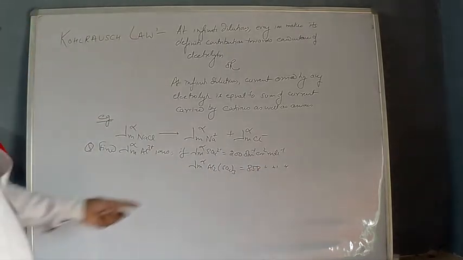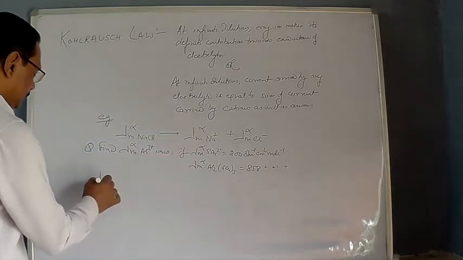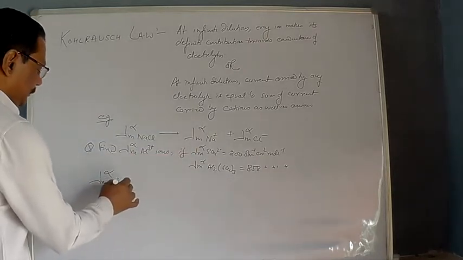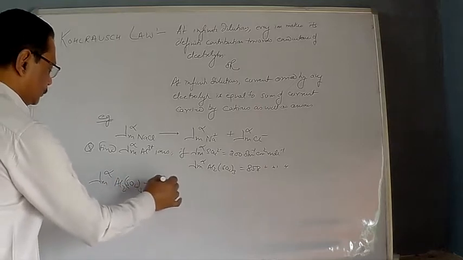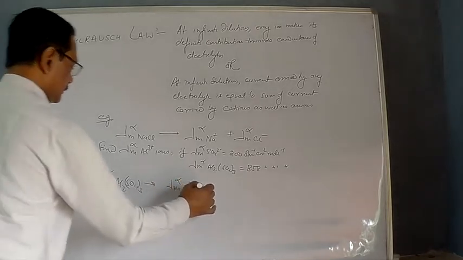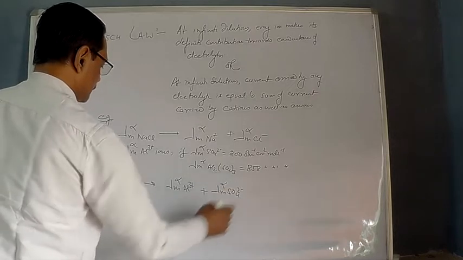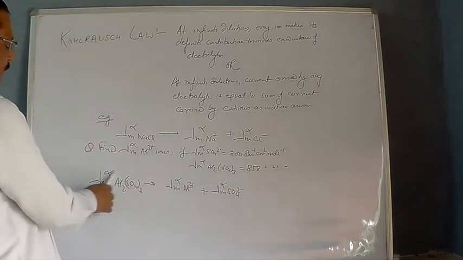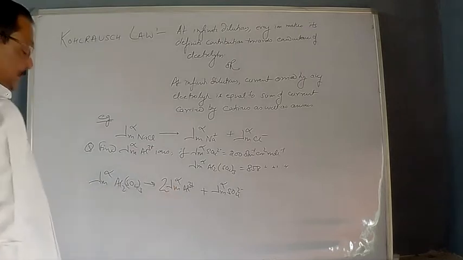So class, first we'll take aluminum sulfate, Al2(SO4)3, and break it like this. Lambda m infinity of Al2(SO4)3 can be shown as lambda m infinity of aluminum ion plus lambda m infinity of sulfate ions. But class, remember how many aluminum ions are there? 2. So you have to multiply the molar conductance by 2.